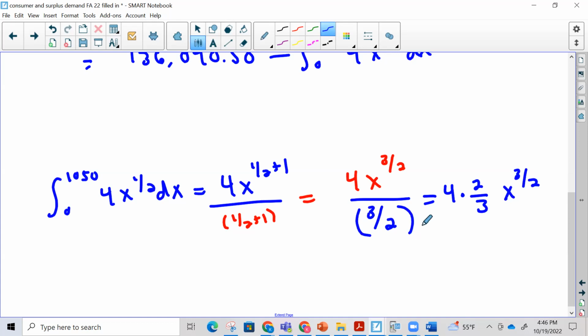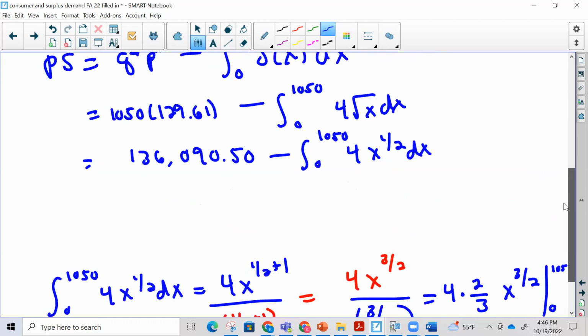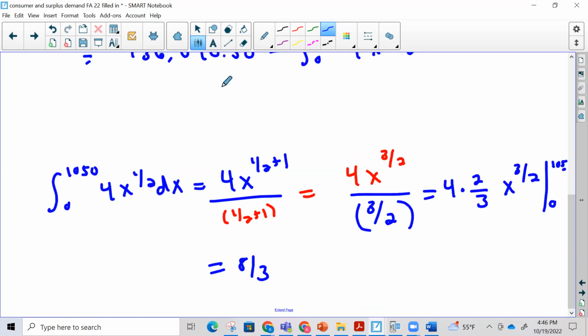Just make sure you put parentheses around the 3/2. And so that gives us 8/3. I'm going to put my bounds that I still need. So we have 8/3 x to the 3/2 from 0 to 1,050.